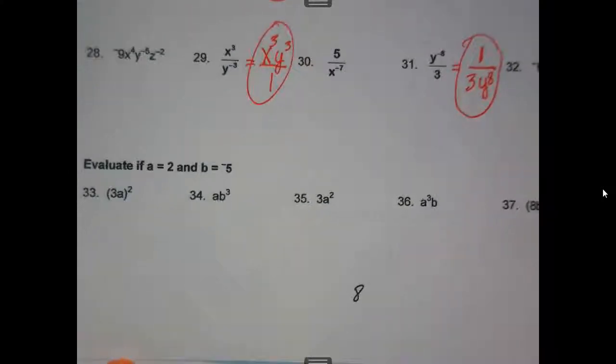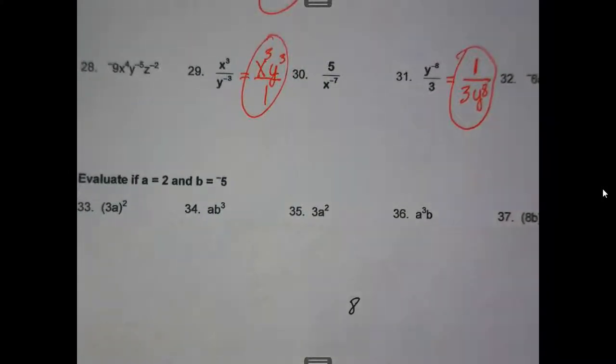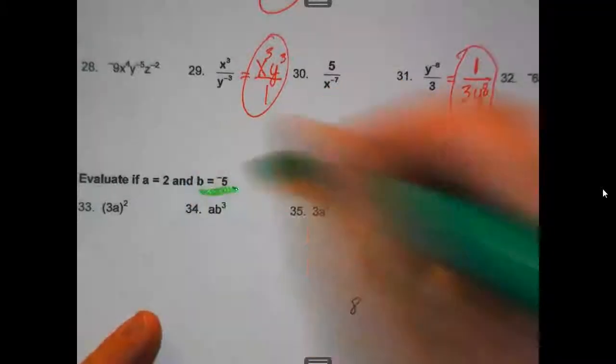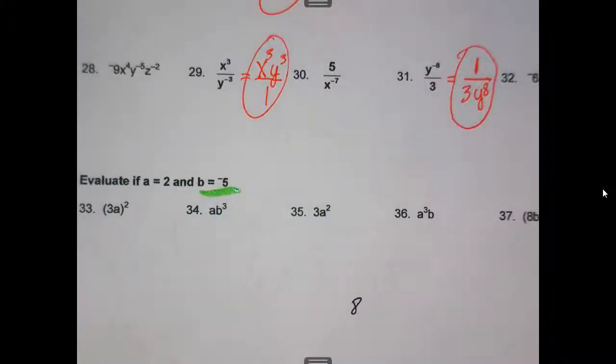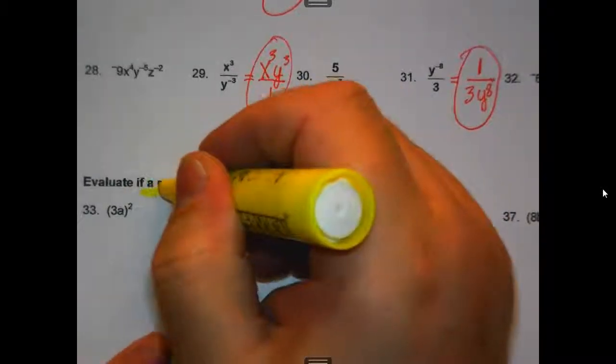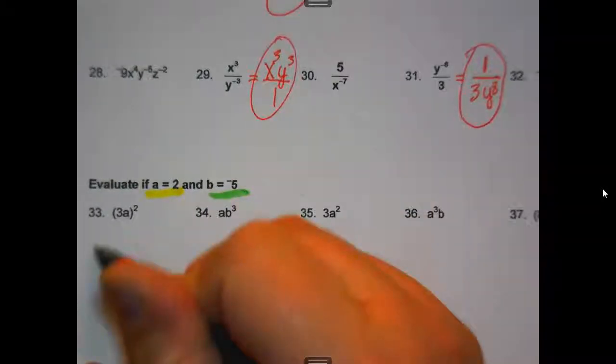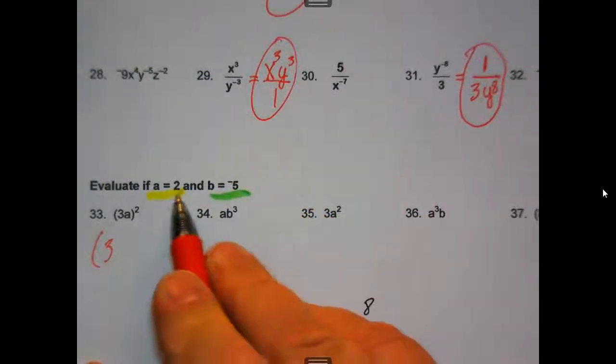Okay, 33. This time they give us values for A and B. Guess what we get to do? Yeah, we get to plug them in. Get to substitute them in, right? Okay. So I have 3, my A is 2.